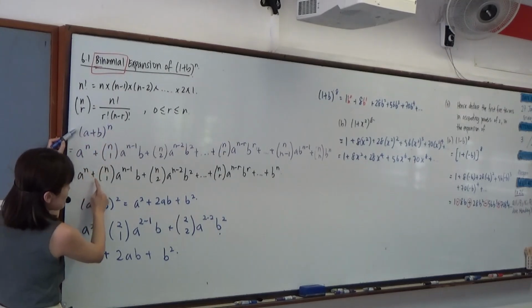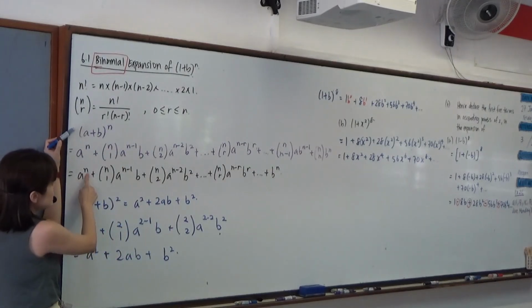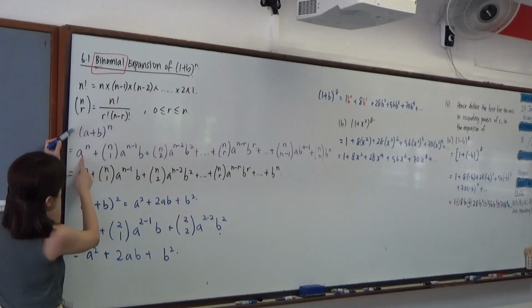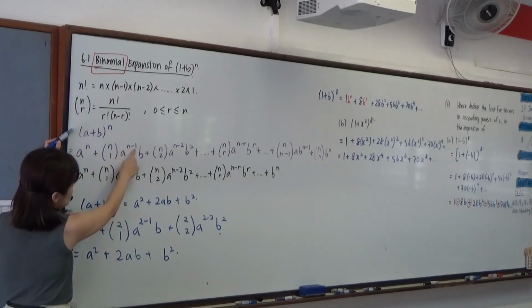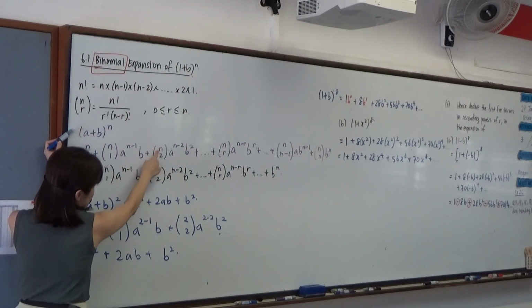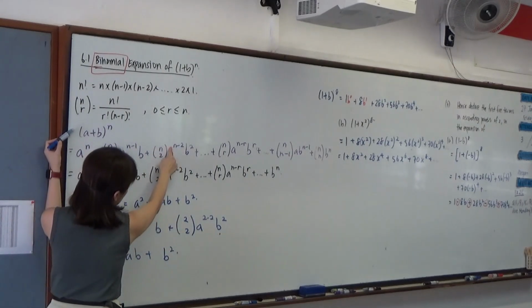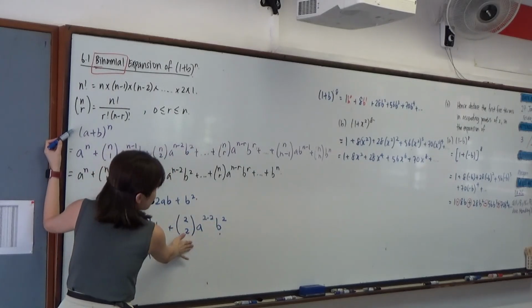What I did is replace all the n to be 2. So a squared, plus 2 choose 1, a to the power of 2 minus 1, b, then 2 choose 2, because n is 2, a to the power of 2 minus 2, b squared.